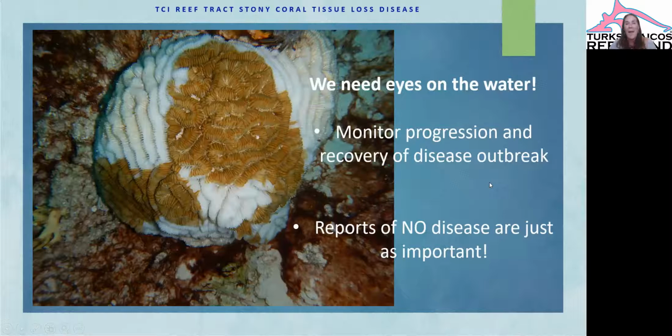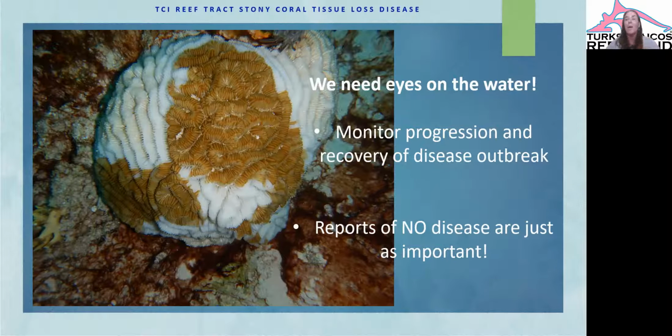So why have this observer training? This is the reason. We need eyes on the water. At the end of the day, most of the researchers and scientists and policymakers and lawmakers and government officials are not in the water. They're in the offices or in the laboratories.